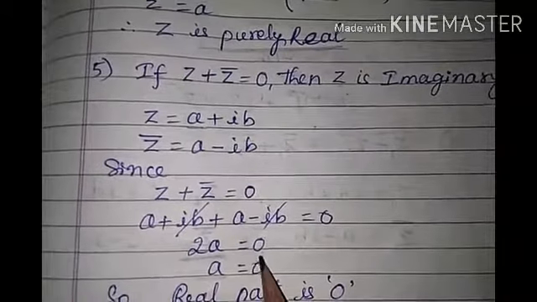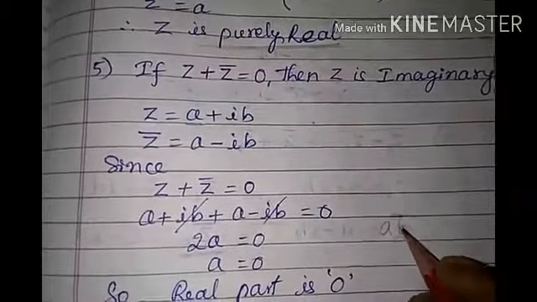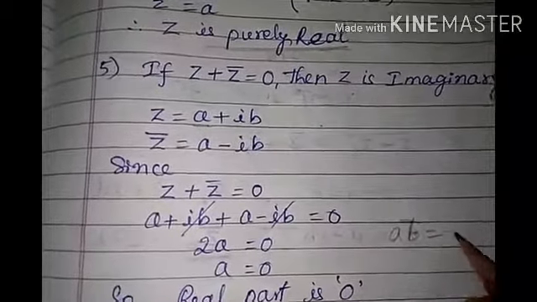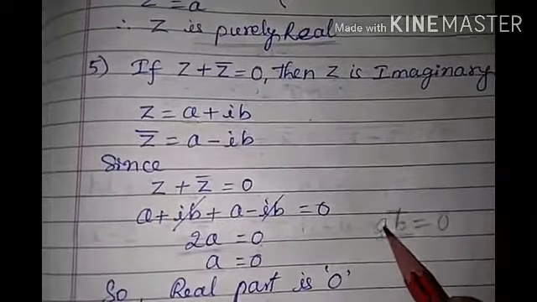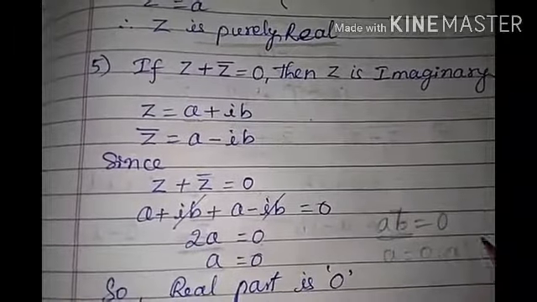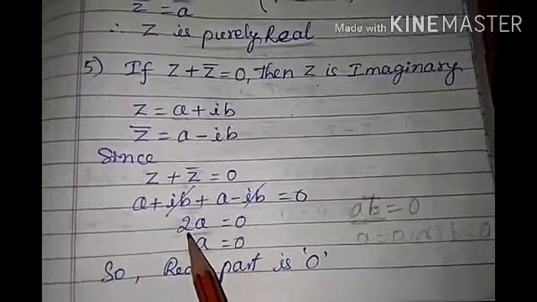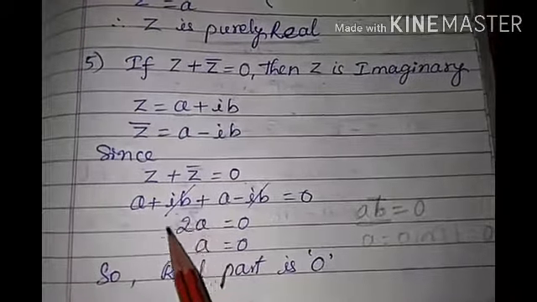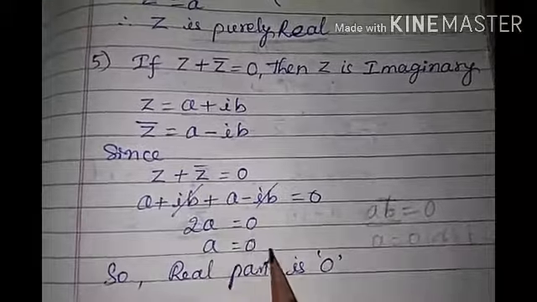Now 2a equals 0. We know that if the product of two numbers is 0, then one of the numbers should be 0. So 2a equals 0 means either 2 equals 0 or a equals 0, but 2 can never be equal to 0. It is a natural number, so a must be equal to 0.